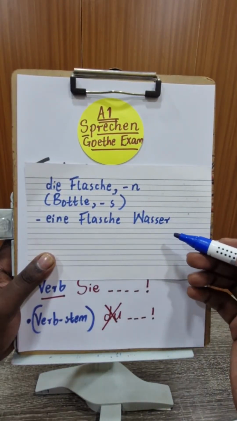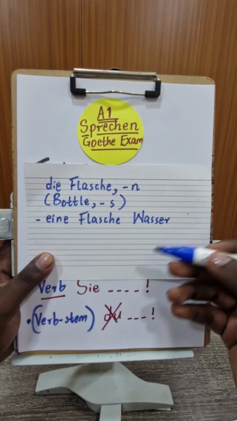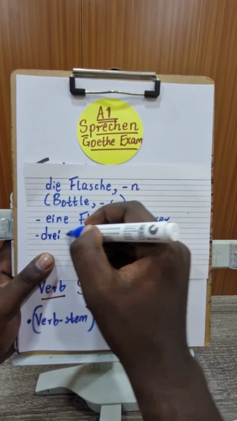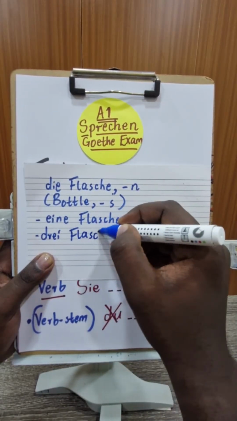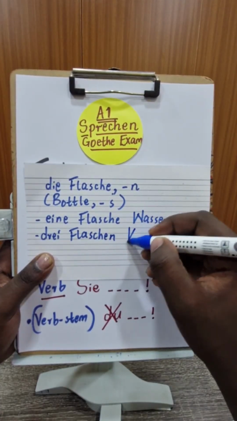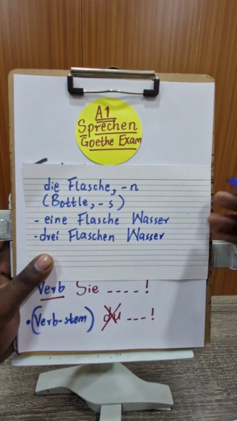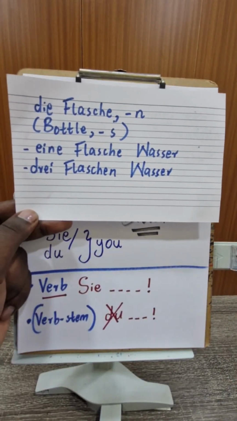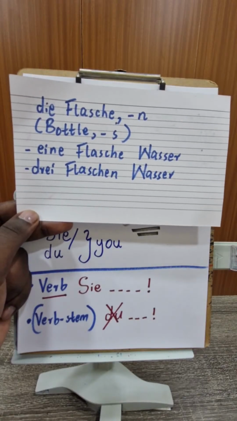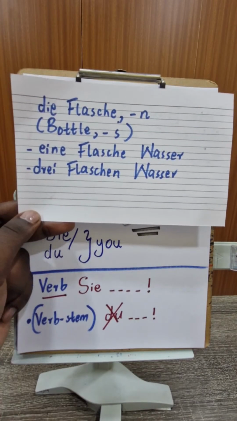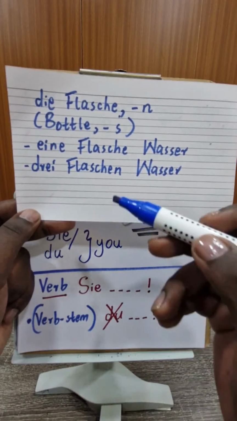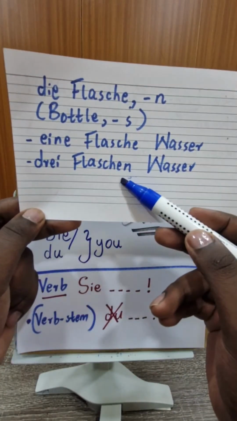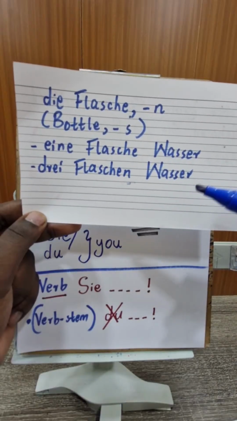If it is two, three, or even more, I would say, for example, drei Flaschen Wasser. If it is one, you say eine Flasche Wasser, a bottle of water. If it is two, three, or more, drei Flaschen. Notice the ending changing right here. Drei Flaschen Wasser, three bottles of water.